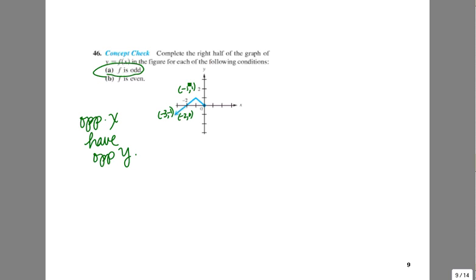When I'm drawing the odd part of it, I would have to do opposite x have opposite y. So negative 1, 1 would become 1, negative 1. Negative 2, 0 would become 2, 0. Negative 3, negative 1 would become 3, 1. So the graph would look like this.